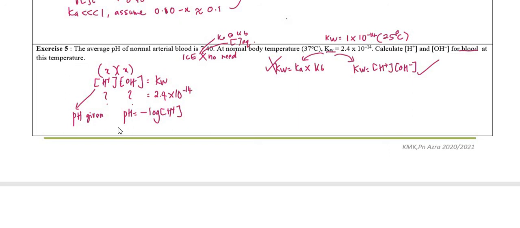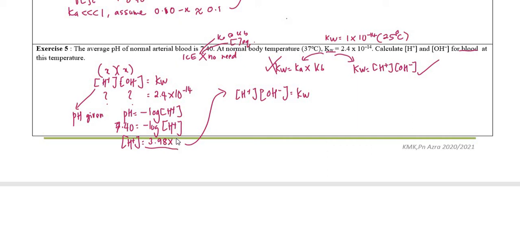So, pH for this arterial blood is 7.4. So from this, you will know the concentration for H plus. Okay. After you get this, baru you masukkan dalam this formula. Okay, kata di sini you akan dapat concentration H plus nya adalah 3.98 exponent negative 8 molar.